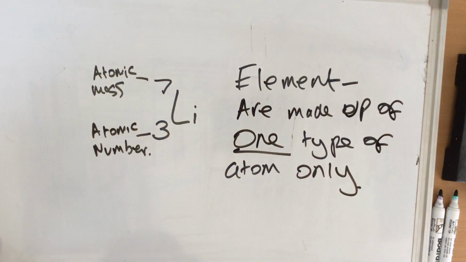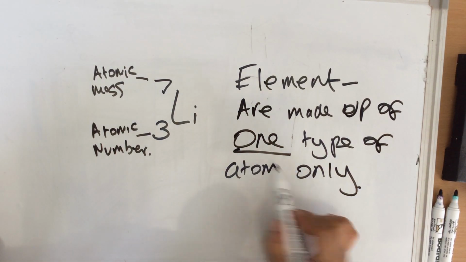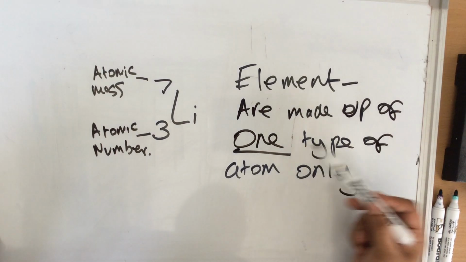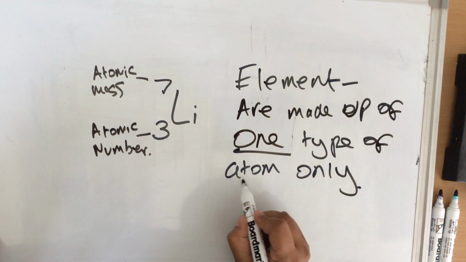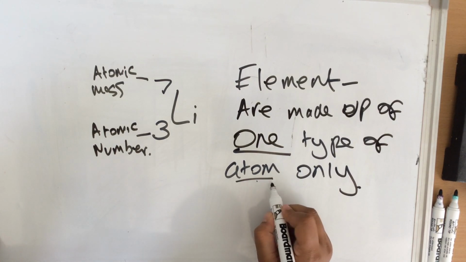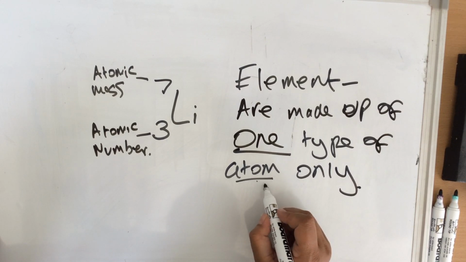That's the key thing that you need. So when they ask you in an exam question, what is an element? Elements are made up of one type of atom only. We already know what an atom is: the simplest particle that exists on its own without being broken down any further.